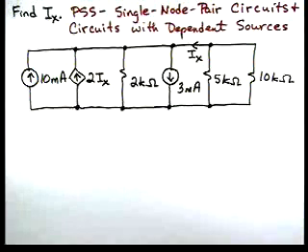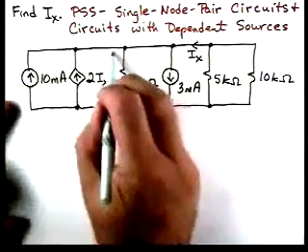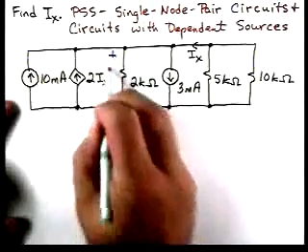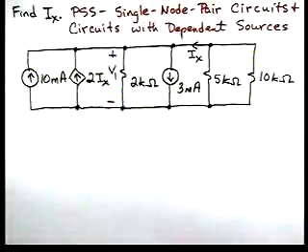circuits with dependent sources. Our first task, if you refer to the problem solving strategy, is to define a voltage. I'm going to define a voltage V1 with this polarity. I could have defined it with the plus on the bottom, but I'm going to define it with that. So there's the first step.